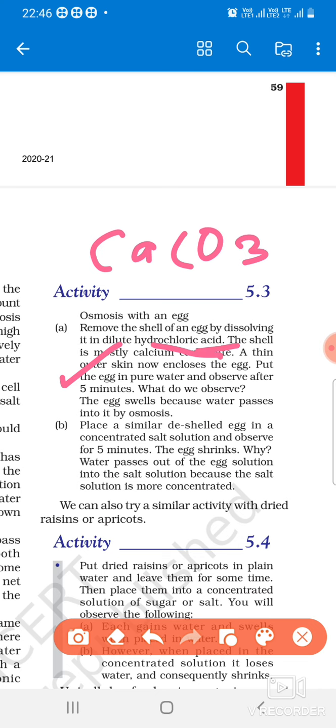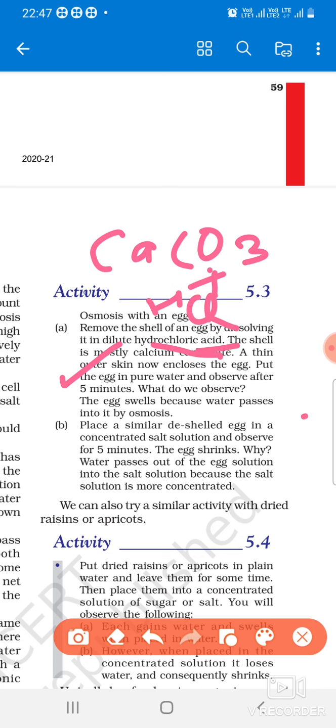When we keep it in hydrochloric acid, the calcium carbonate will react with the hydrochloric acid and the shell will become very thin. Then a thin cover over the egg will be seen, and we can see what is inside through this membrane.